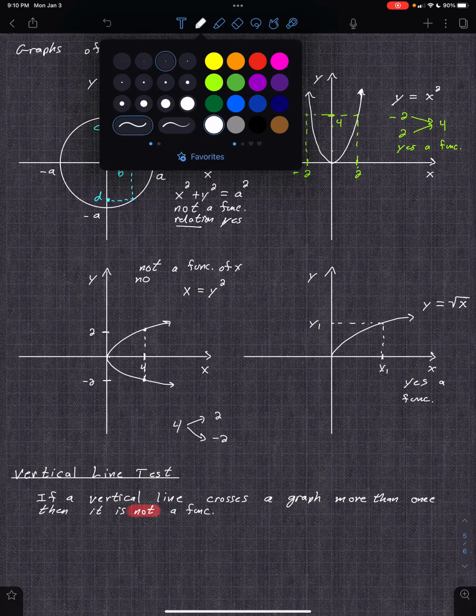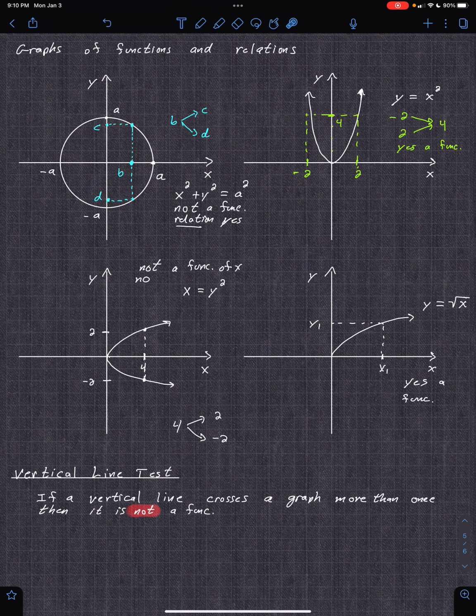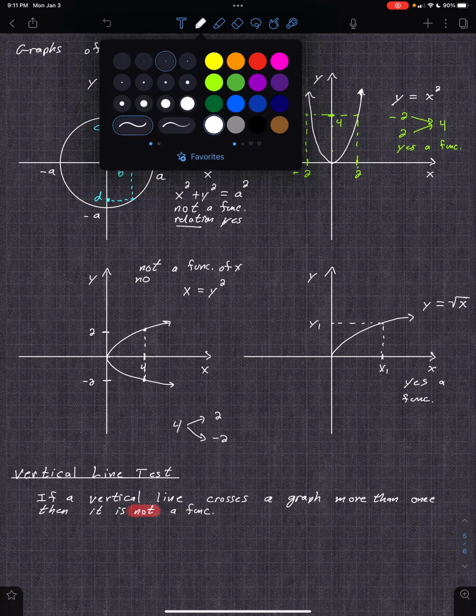The vertical line test says, if a vertical line crosses a graph more than once, then it is not a function. Or you can say it in the positive sense: if every vertical line crosses a graph only once, then it is a function. So you literally can just take a vertical line in your head or look at it.